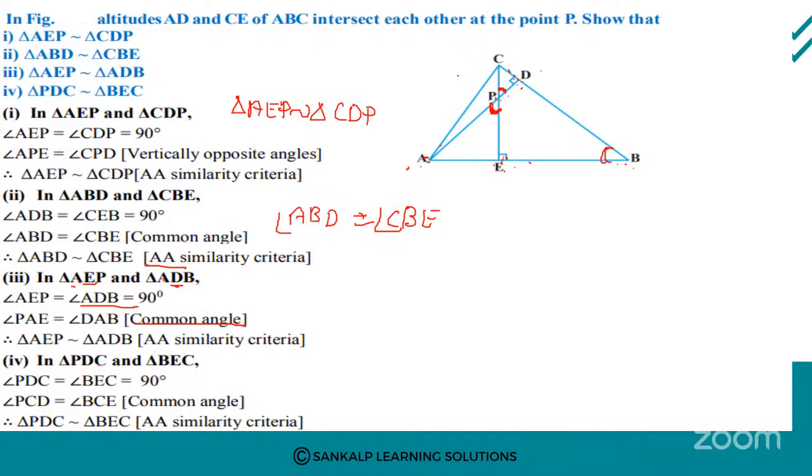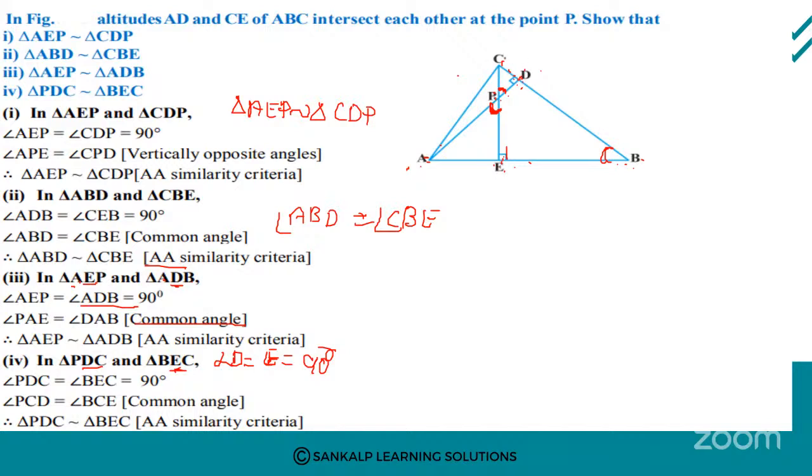Next one. In triangle PDC and BEC. Here also D and E come, see here PDC. See, D and E are equal. So one angle is equal. D is equal to E. That is 90 degree. So how do we write it?